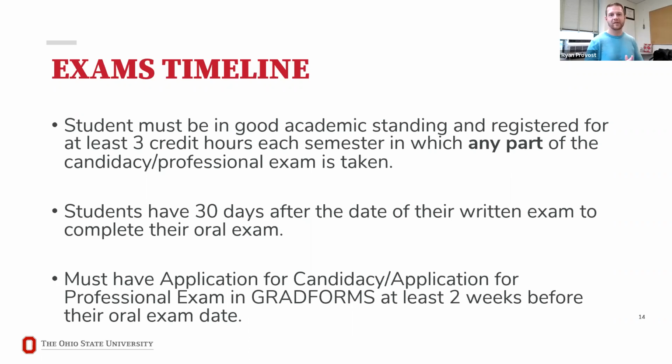So you finish that written exam, that 30-day clock begins, and you will have that amount of time to complete that oral exam. And you must have your application for candidacy or application for professional exam in grad forms at least 2 weeks before your oral exam date.